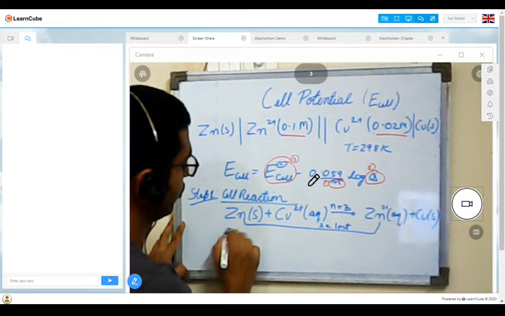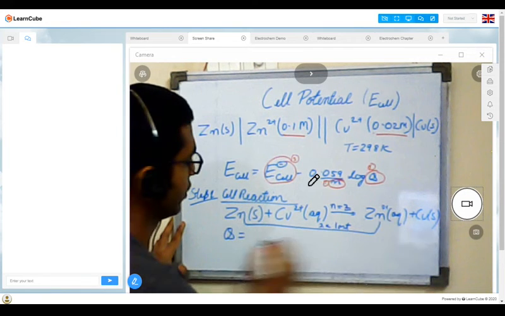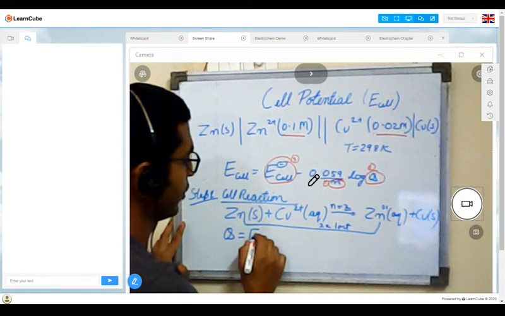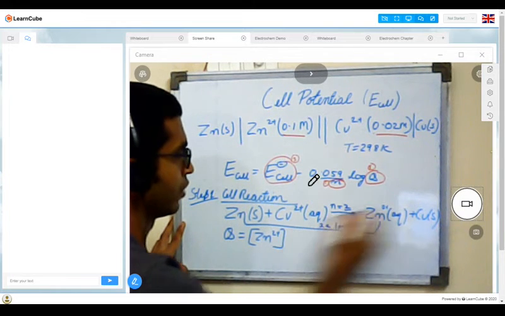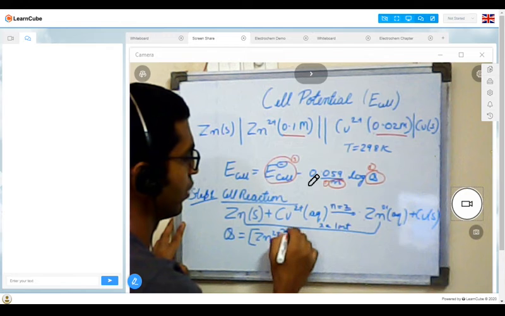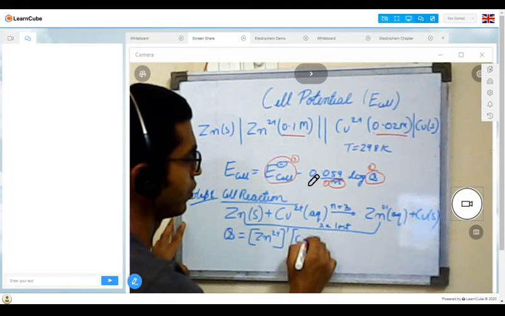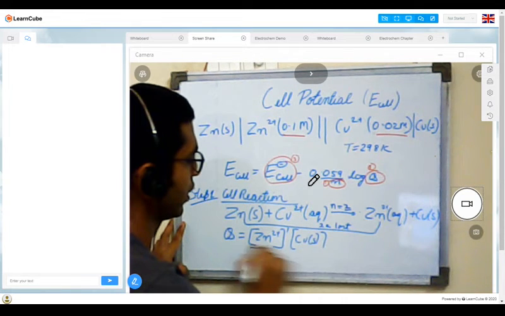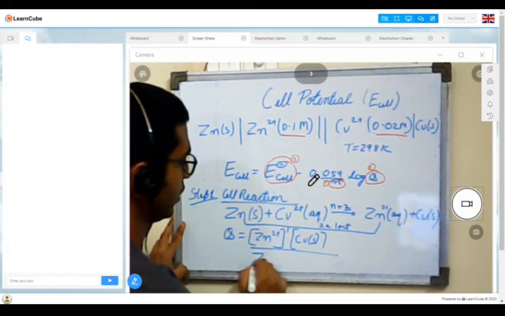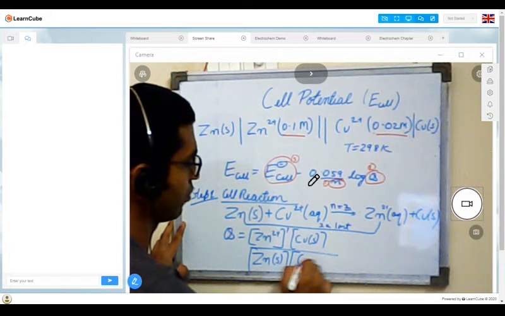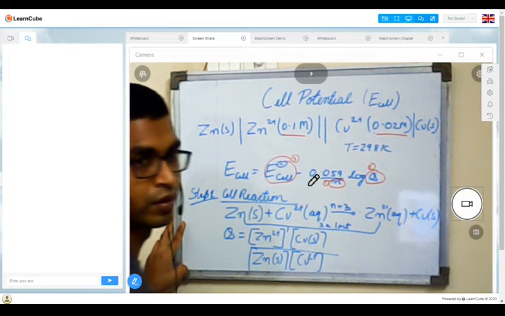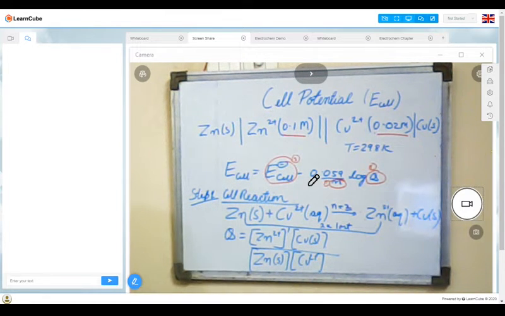Q. What is Q? The concentration of products, Zn2+, raised to the power of its coefficient. The coefficient is 1 here, so we can omit it. Divided by Zn solid, and then the copper 2+ ions. Now for solids the concentration is taken as 1.